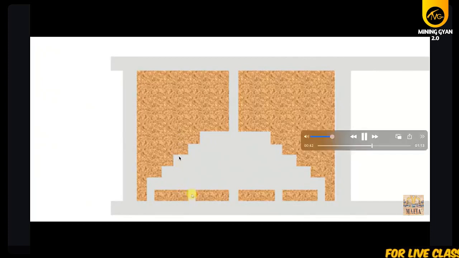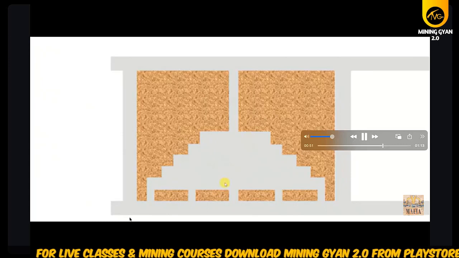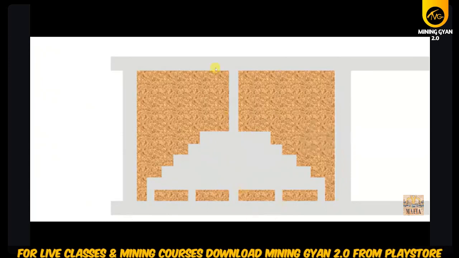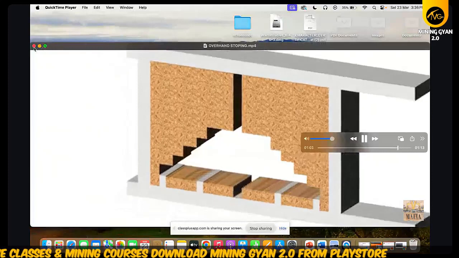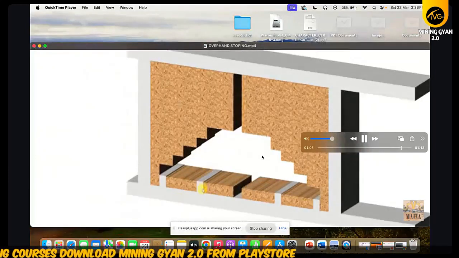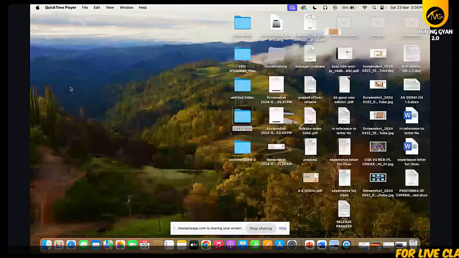In this method, the material falls down with the help of gravity, and material will pass from these chutes, and we will take this material. In this method, the ventilation will be good because we are going from down to top.